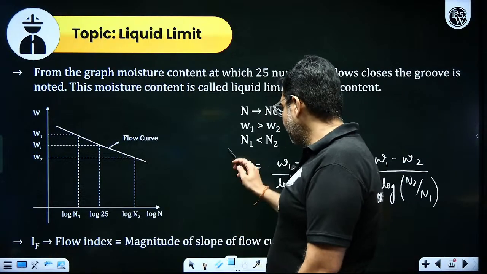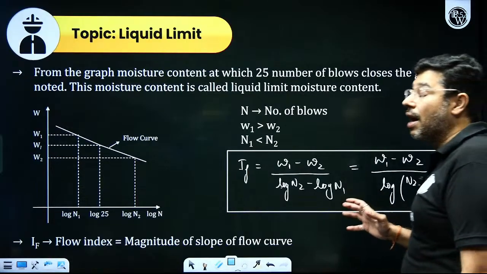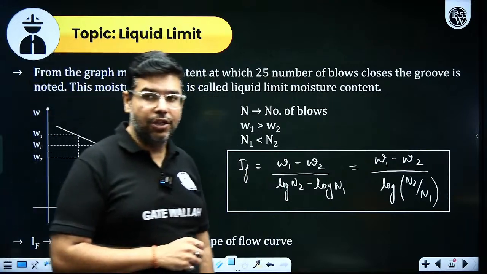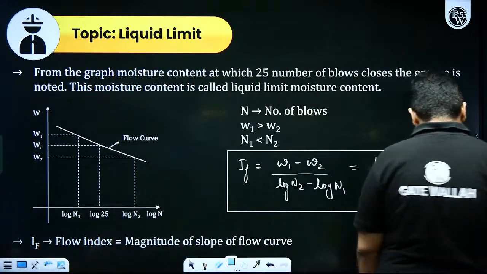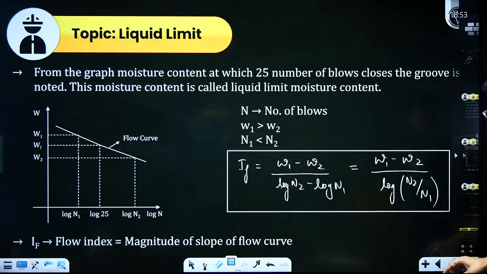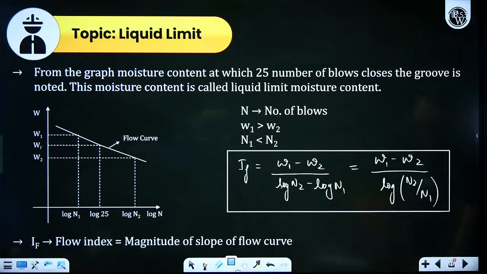And this IF is inversely proportional to the shear strength of the soil. For a given soil, IF is constant, but if you change the soil, IF will change. Please take down till here, then I will show you the significance of IF. Any doubts, let me know.